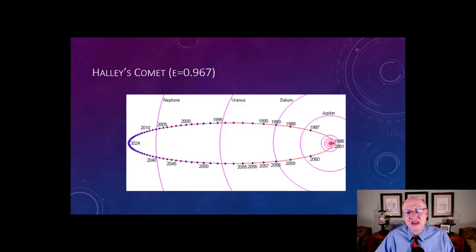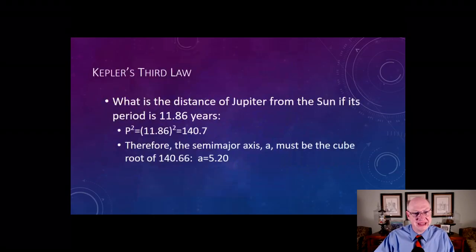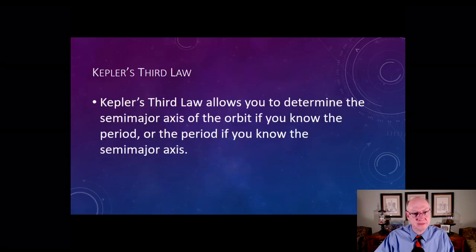So when Halley's Comet is closest to the sun, it's actually less than 1 astronomical unit from the sun, and when it's farthest from the sun, it's about 35 astronomical units from the sun, which puts it out beyond the orbit of Neptune there, almost but not quite out to the orbit of Pluto. All right, so that is that.